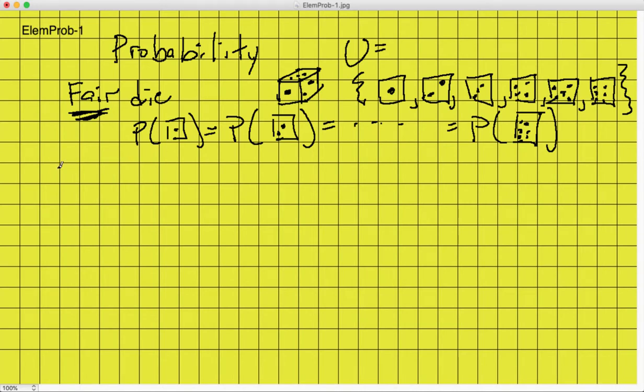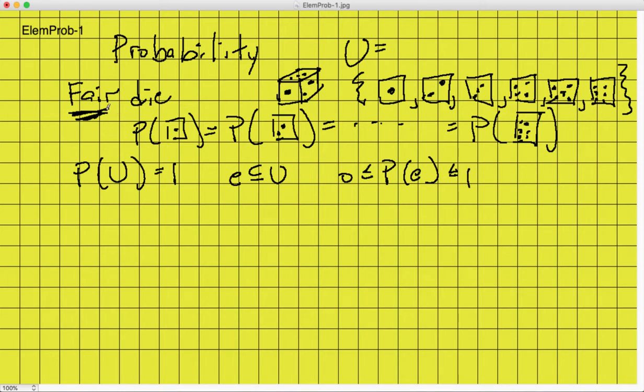The first axiom of probability is that the probability of the universe, which means that any one of these things is going to happen, is equal to 1. Otherwise, if we have some event E that is a subset of the universe, then the probability of E is somewhere between 0 and 1.